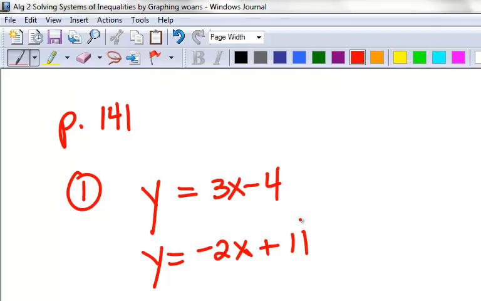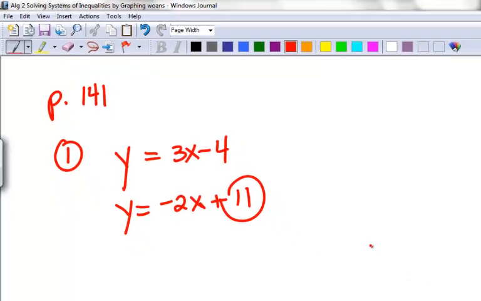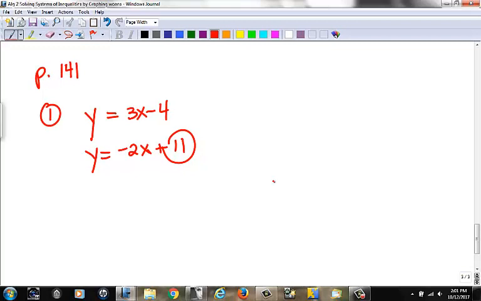It's actually crossing off the screen up there. Oh, it crosses the y-axis. I'm just saying, where does it cross the y-axis? Oh, yeah, it's up there. The point of intersection is on the screen.